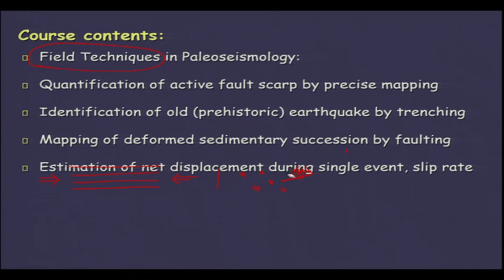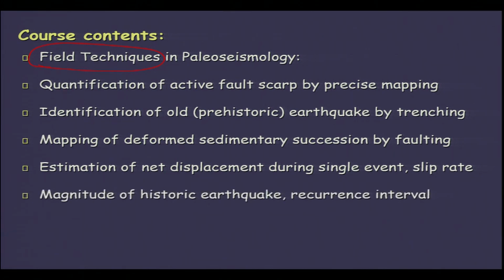Then the follow up is the estimation of the displacement, how much the sediments have been displaced during a single event. Okay. And that will help us in also talking about the slip rate. What is the slip rate on the individual fault?